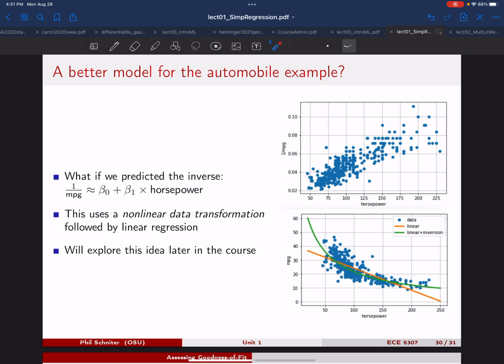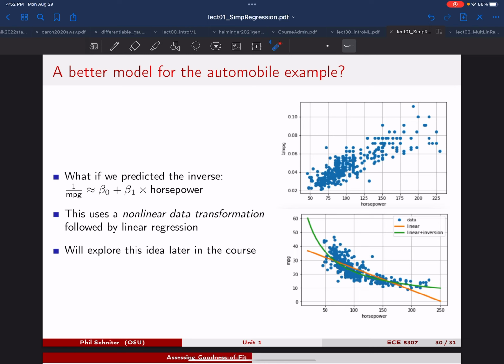But in this case, someone was clever enough to realize it, and it works really well. In later chapters, we're going to try to figure out how to learn things like this, rather than have an expert tell us about them. But for now, the point is that linear prediction, as just the end technique, is pretty powerful if you allow other data transformations to happen beforehand.